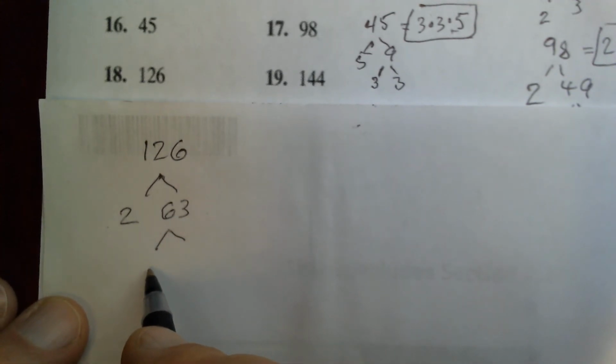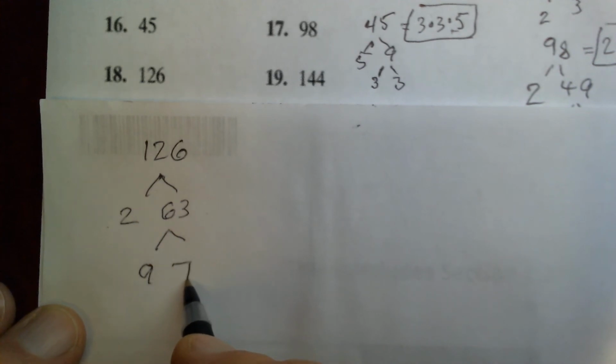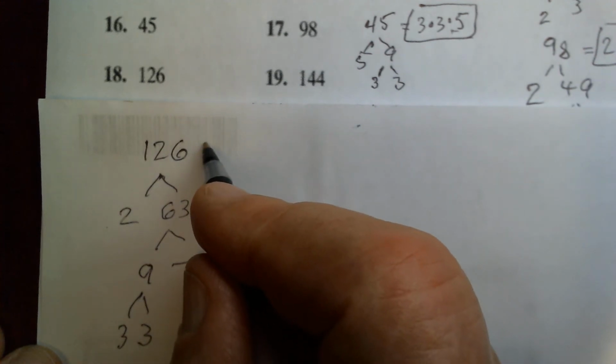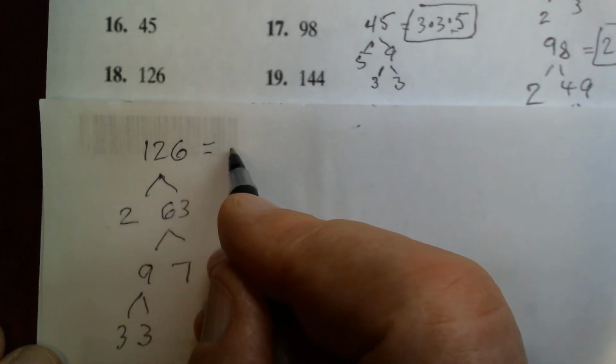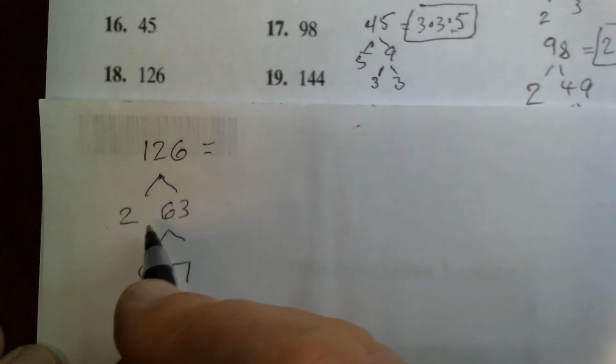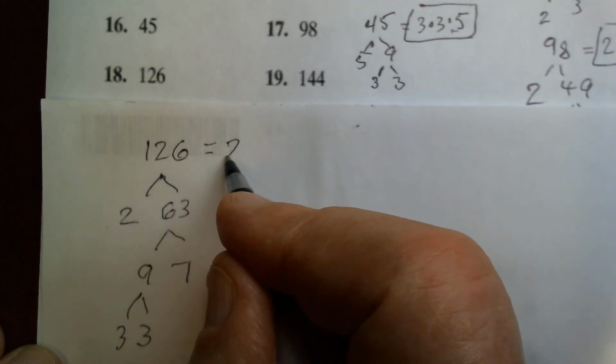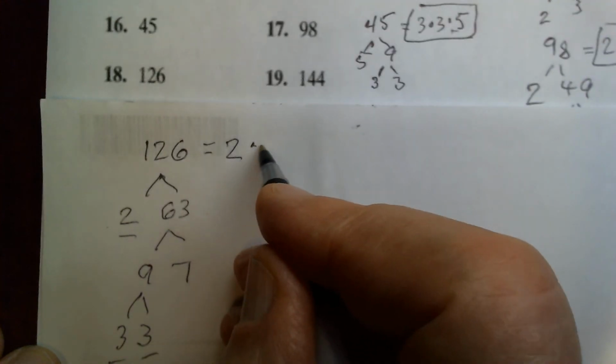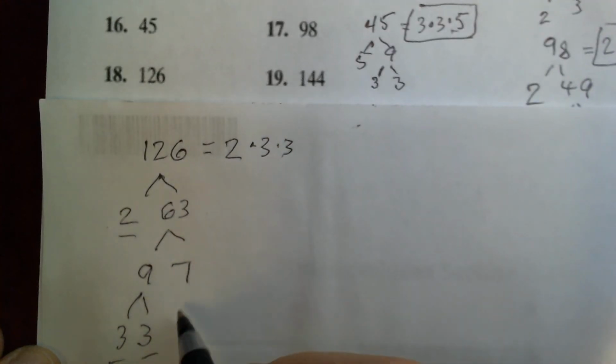And 63 is 9 times 7. And 9 is 3 times 3. So therefore, the prime factorization of 126 is equal to 2 times 3 times 3 times 7.